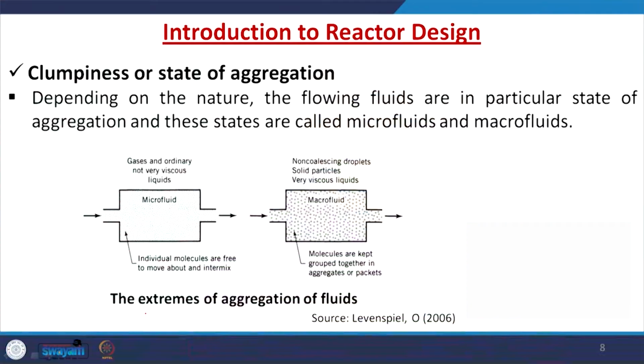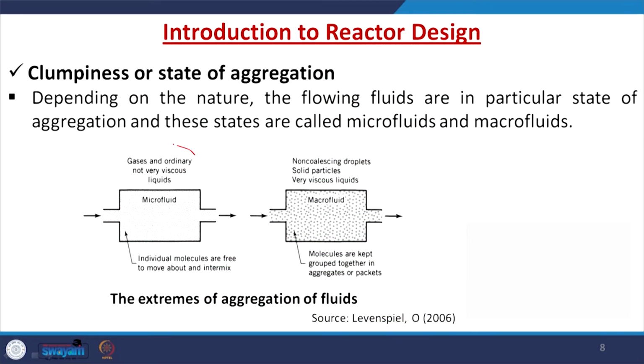Now sometimes you may experience a state of clumpiness, or sometimes it is referred to as a state of aggregation. Now this depends on the nature of the fluid flow in a particular state of aggregation, and these states are called microfluids or macrofluids. Now here you see this particular figure.